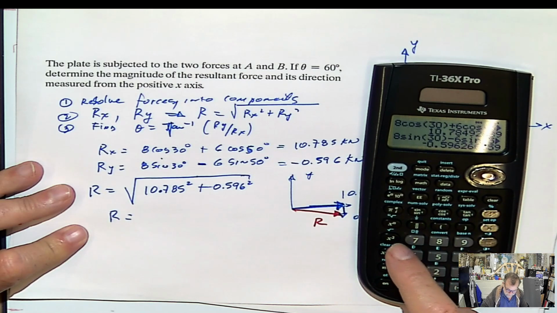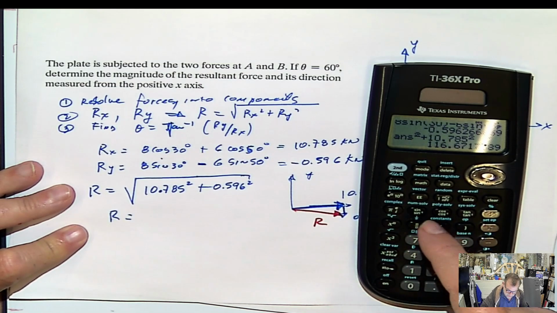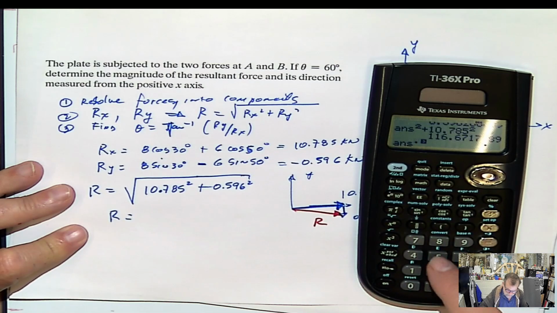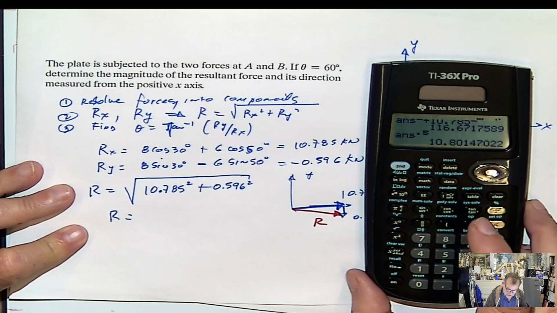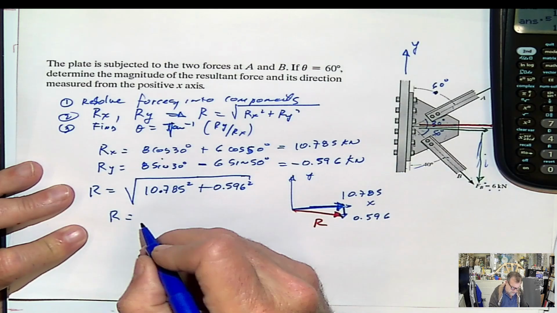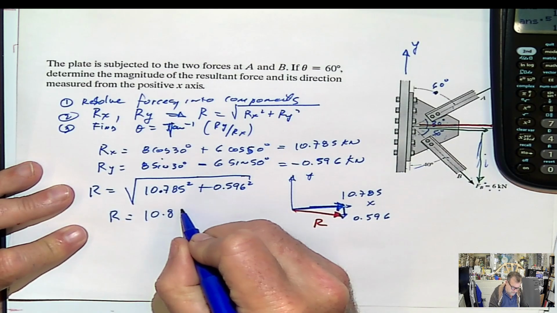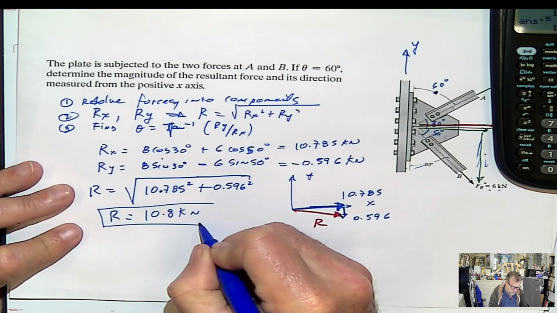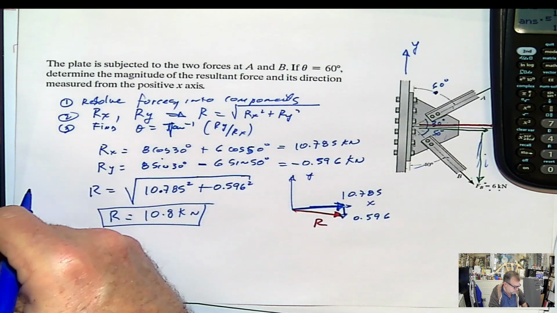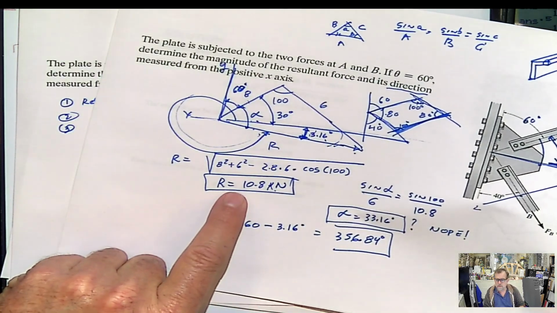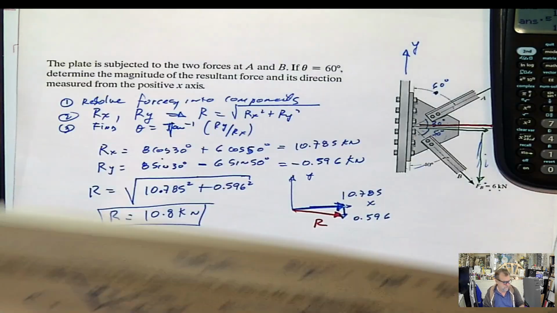So square plus 10.785 squared. And then I get the square root of that, meaning elevated to the 0.5, and then you get 10.8. Oh, that rings a bell, 10.8. This is what we did before using the parallelogram law.